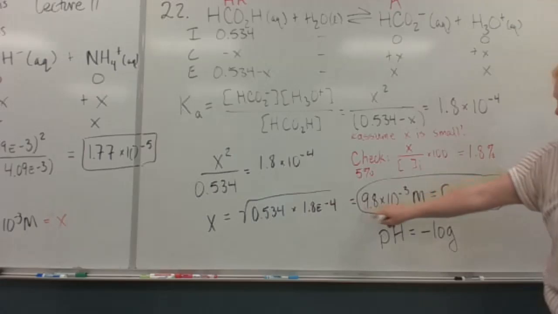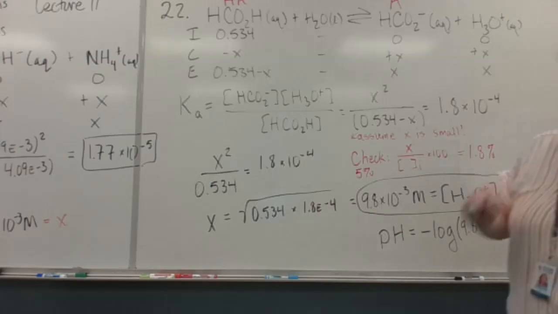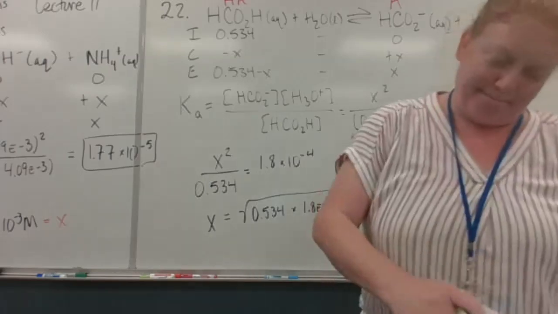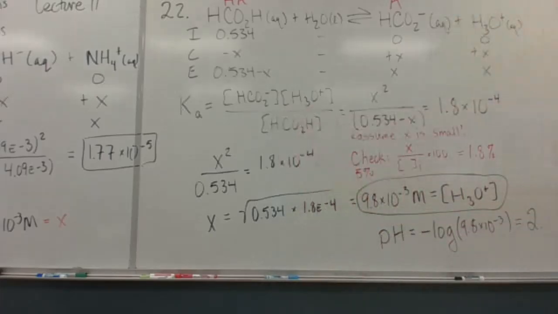So let's look at our sig figs. Our concentration has 2 sig figs, so my pH value needs to go 2 decimal places past the decimal point. What is that? 2.01 when it rounds.